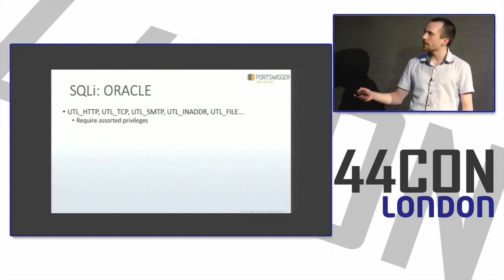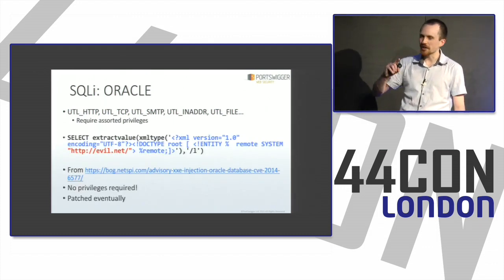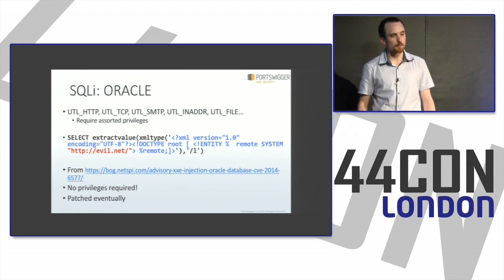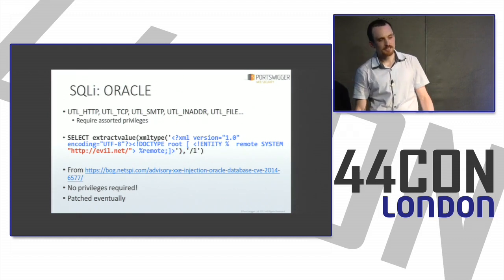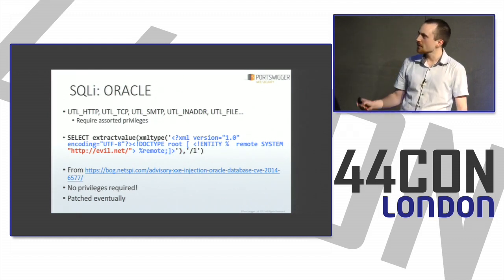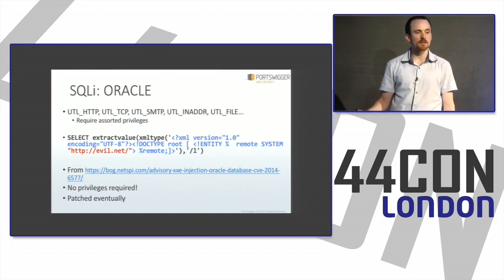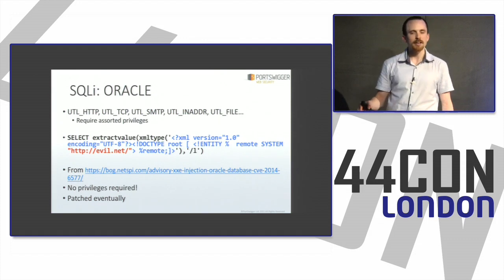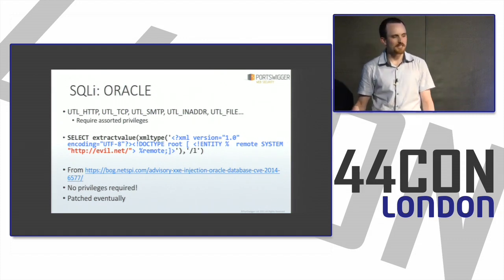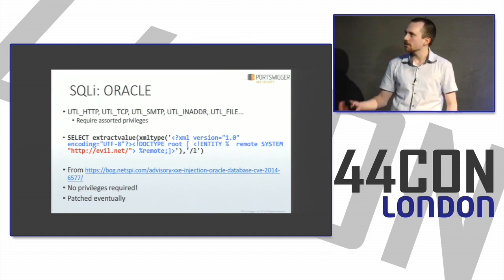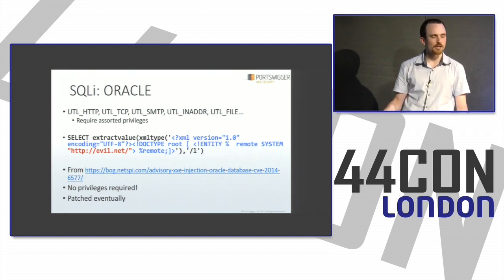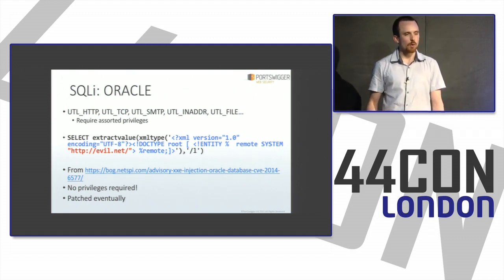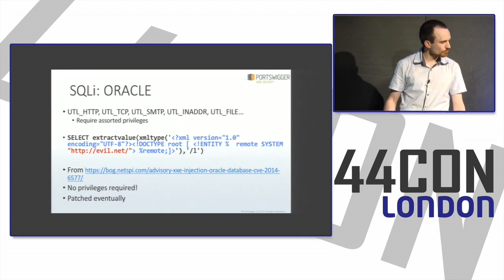And NetSPI found last year that this parser is vulnerable to XML external entity injection. And it doesn't require any privileges to parse XML. So we can chain an XML entity injection vulnerability in Oracle with SQL injection to trigger a pingback to our server that doesn't require any privileges.